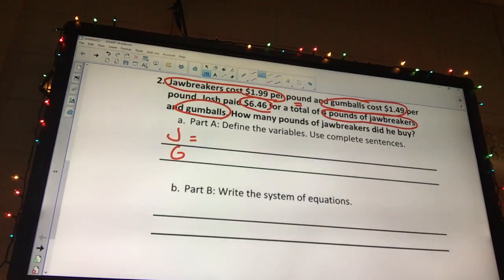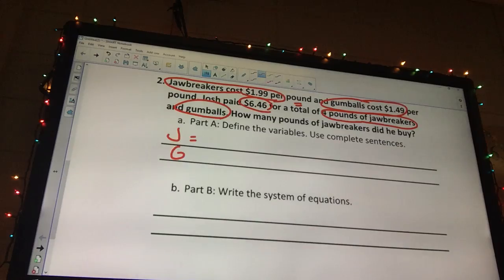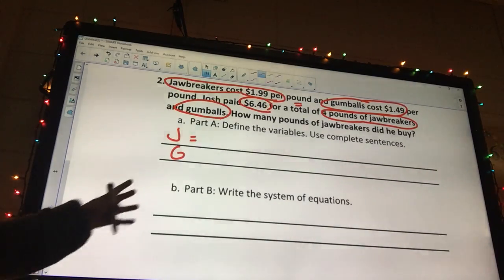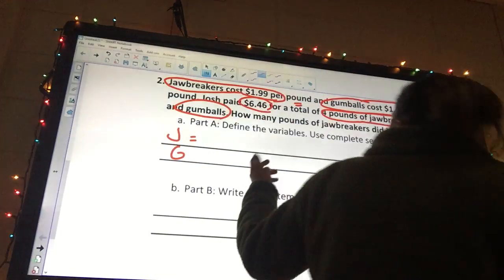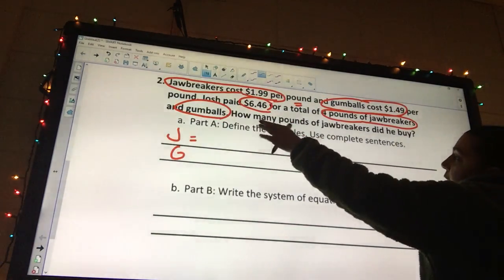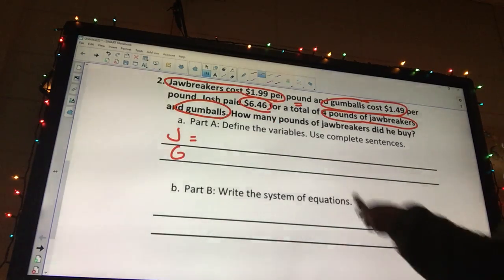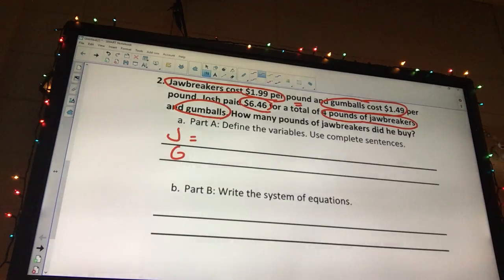We need to know, are we looking for the price of Jawbreakers that he bought, or are we talking about the poundage, how many are in a baggie? We need to go back through and read, okay? Essentially, the very last sentence is usually going to tell you what your variable should be. And it says, how many pounds of Jawbreakers did he buy?